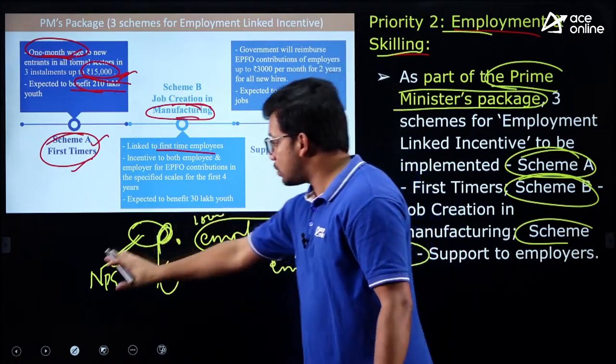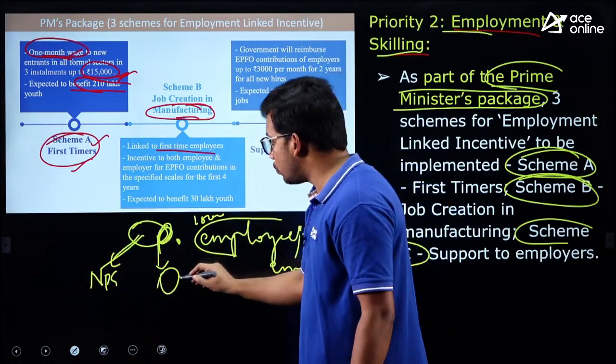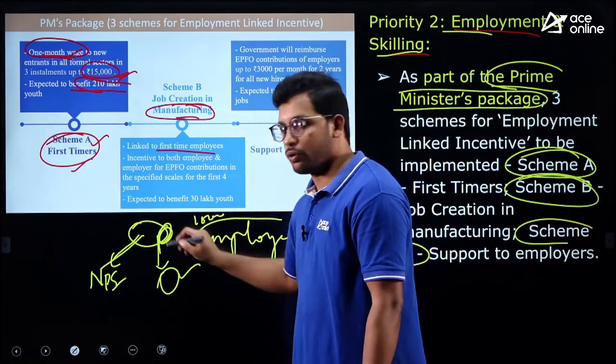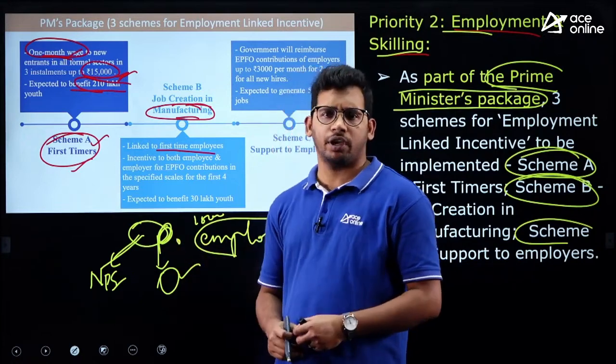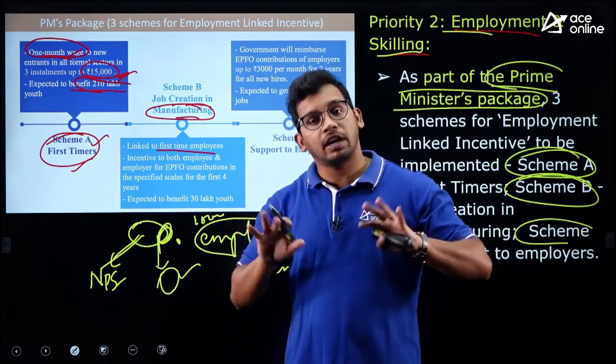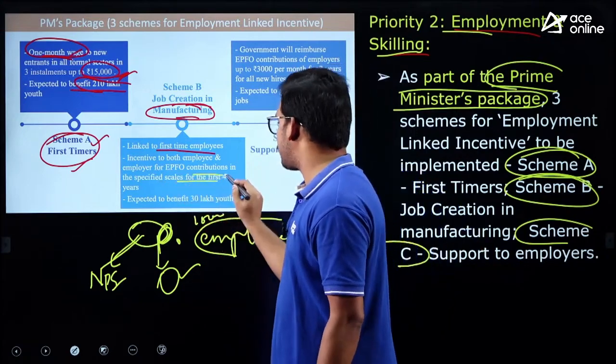Now to encourage both employees as well as employers, the government is going to provide certain funds. So it is saying that the employer, say for example Tata, which is recruiting, no need to provide this fund. We ourselves will provide it, at least for the first 4 years.